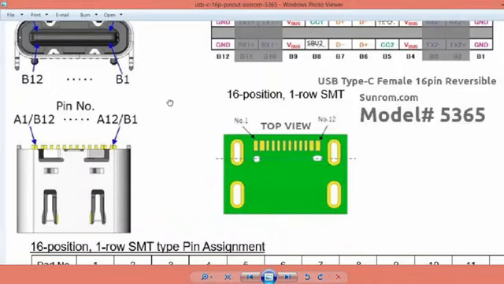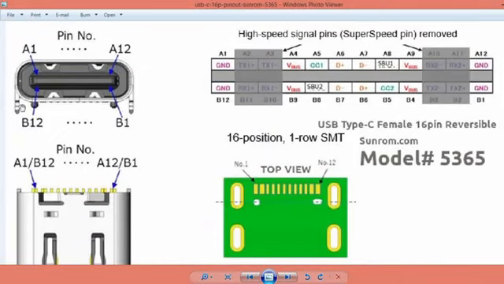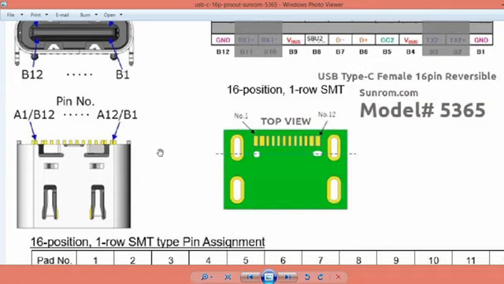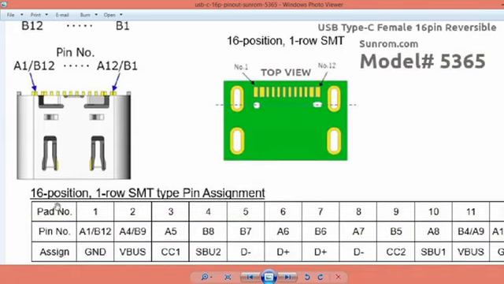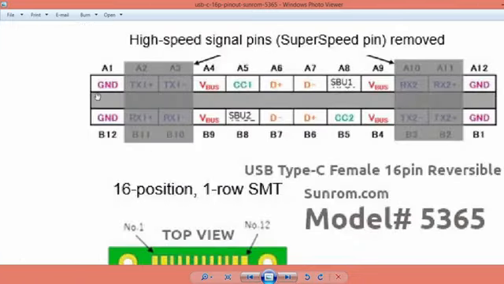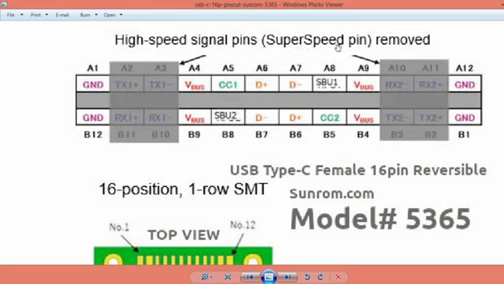In front of you on your screen there is a 16 pin charging connector, a Samsung 16 position, right here. Now you will see a ground, A1 and B12. After this, the TX series or data lines, the high speed signal super speed pins are removed.